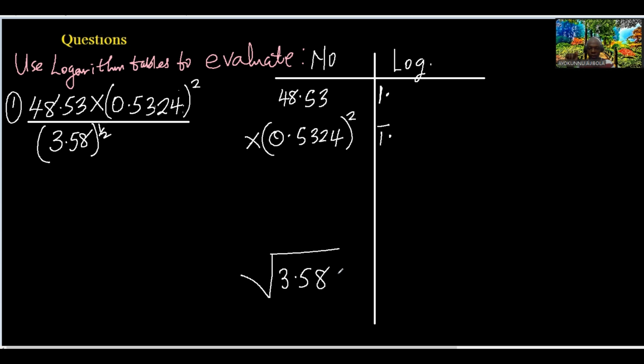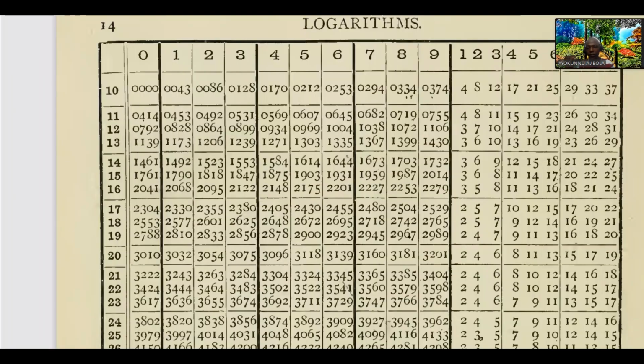This is the one we are going to be dividing with. The character of this one, we don't need to shift the point because it's already after the first non-zero digit, so that is 0 for the character. Then we can open our log table now.